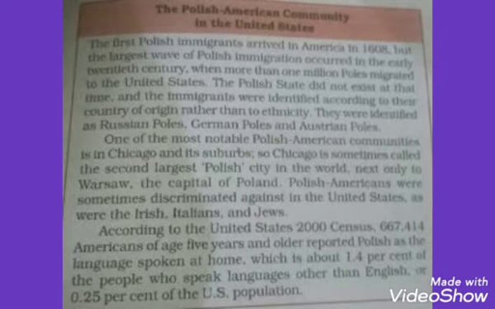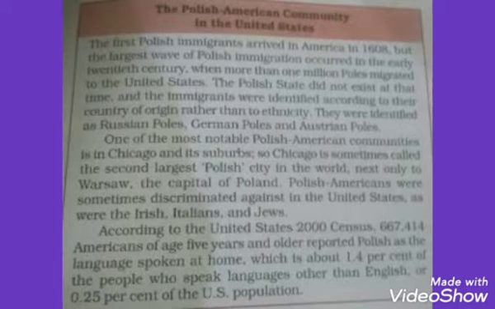As we read, we will come to know about this girl. The Polish American community in the United States: by this we come to know that it is about a community of Poles who have migrated to the United States. So let's read about it.